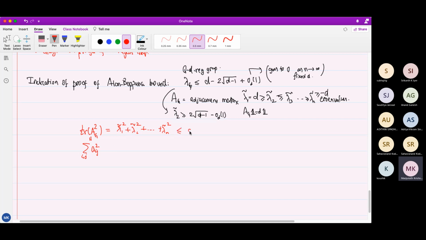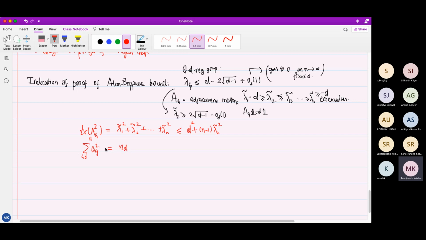So this is less than or equal to d squared plus, all the others are bounded by lambda 2 tilde. Is this okay? So the first one is d squared. The rest of them, can I bound this? The summation of A_ij squared is easy because the A_ij's are zeros or ones, let's say for simplicity. So then it is n times d, right?